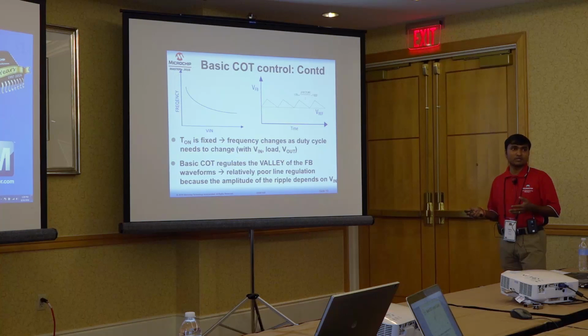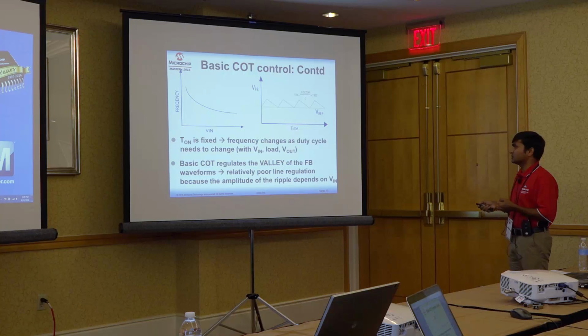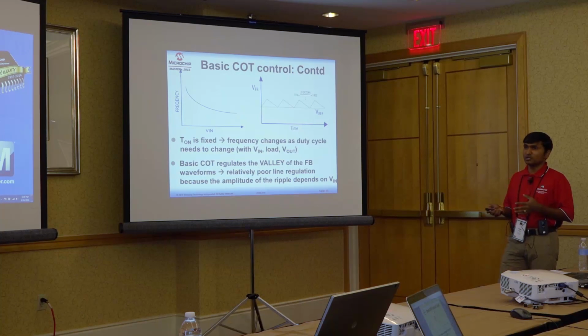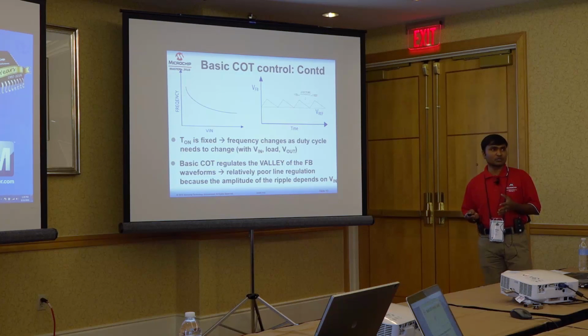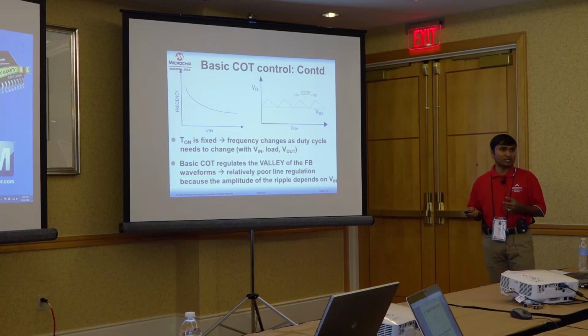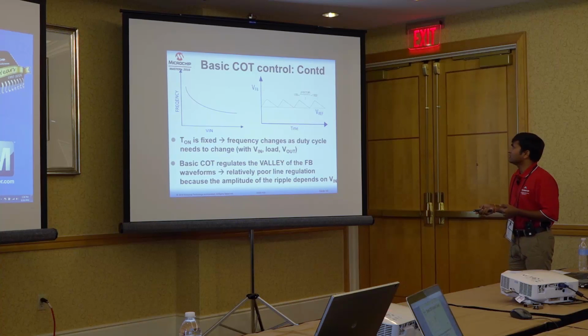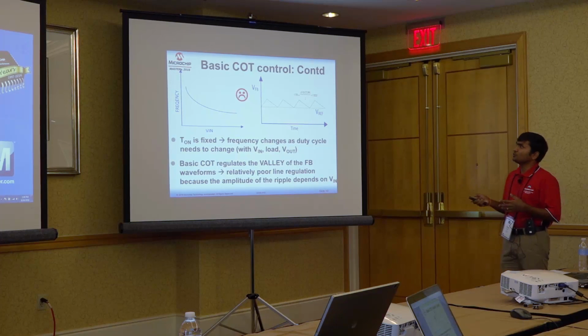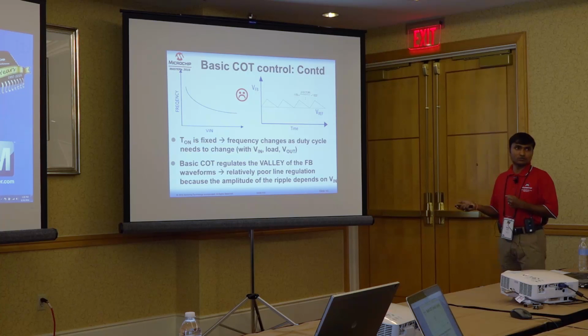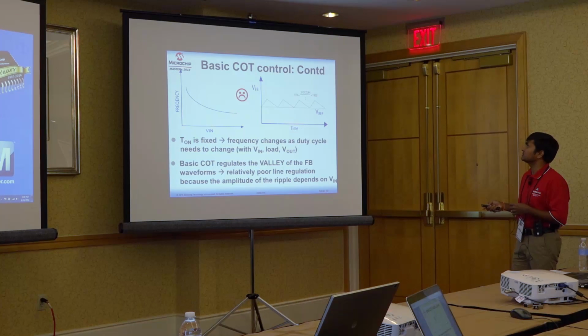That means relatively poor line regulation, because the amplitude of the ripple depends on the V in magnitude. Let us see how we can solve these issues to get the advantages of the COT control in the following slides.